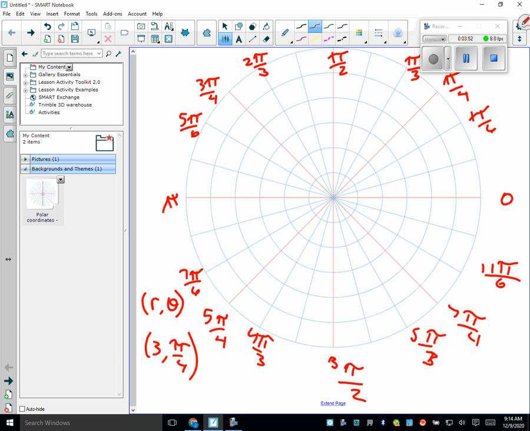It is no longer x and y. Theta is your angle, r is your radius, or how far out the circle you go. So if I want to plot the point 3, pi over 4, I go to pi over 4, which is this red line, and I go out 3. 1, 2, 3. And there's the point.